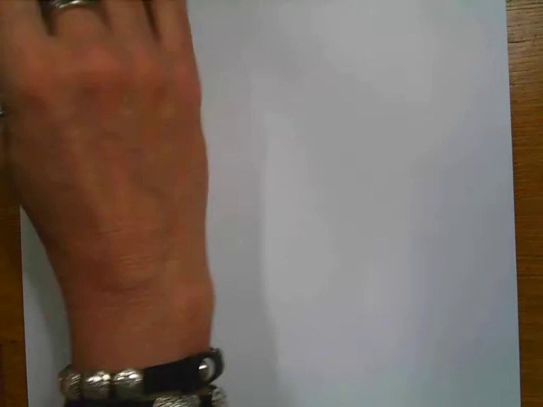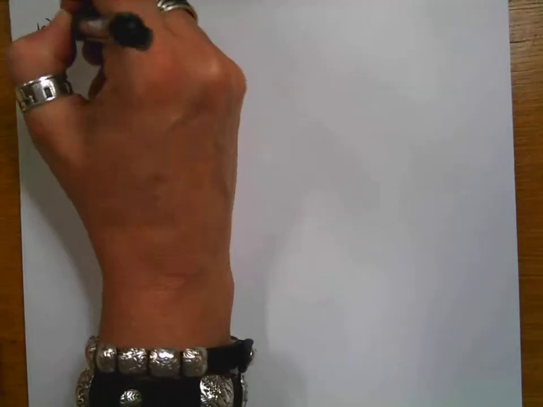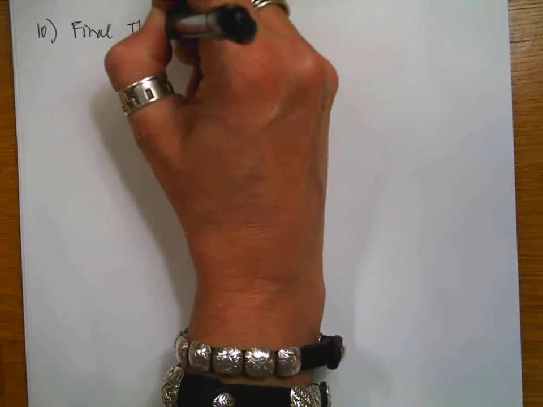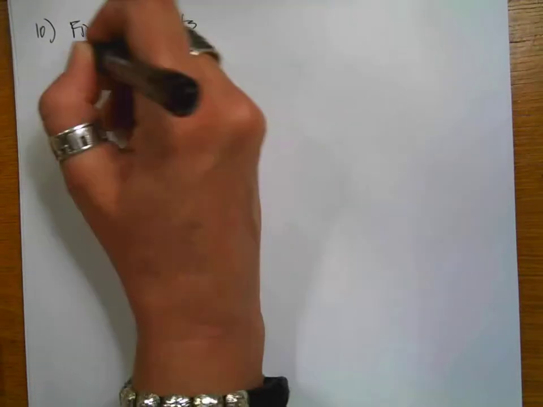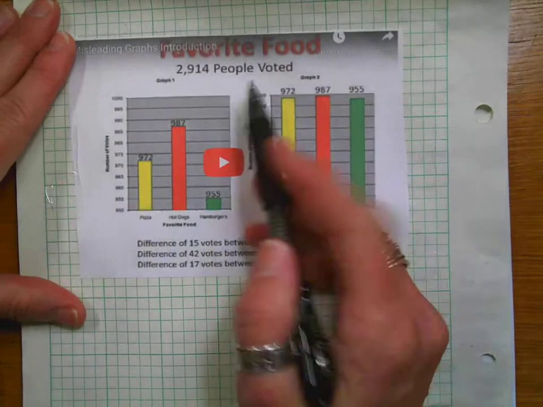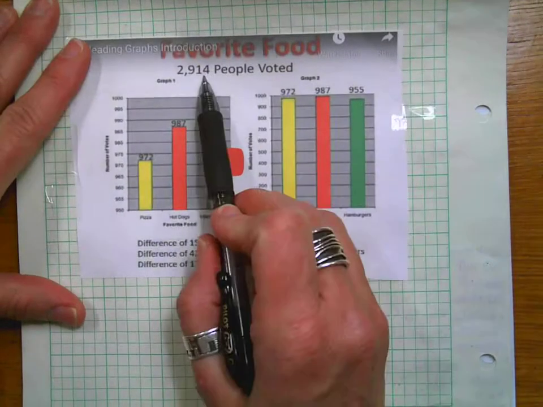Okay. All right, another one, which is really entertaining, and this one is number 10. So these are our final thoughts. You always want to question the integrity of the organization that's putting out a study. Okay, here is a misleading graphic, and I think this is hilarious.